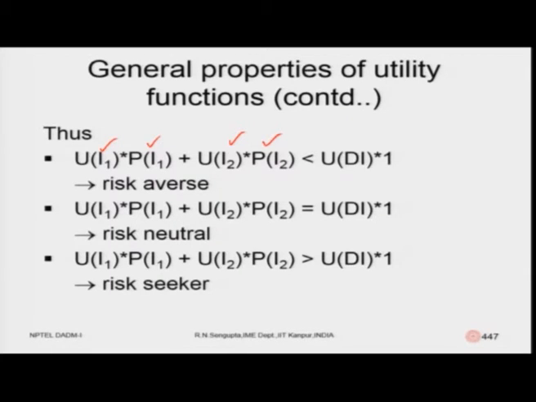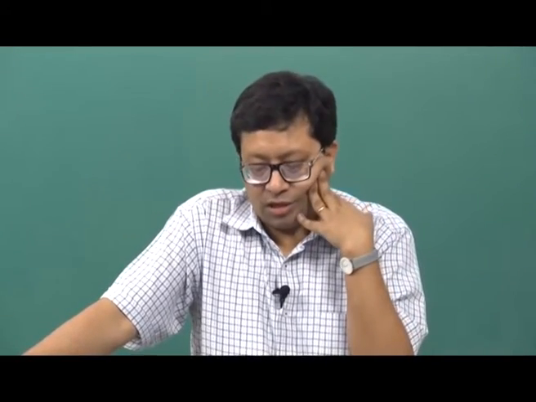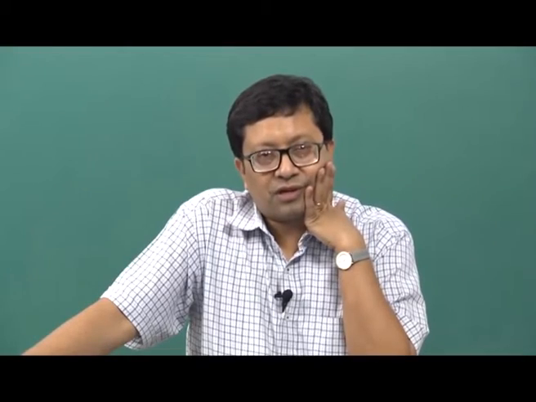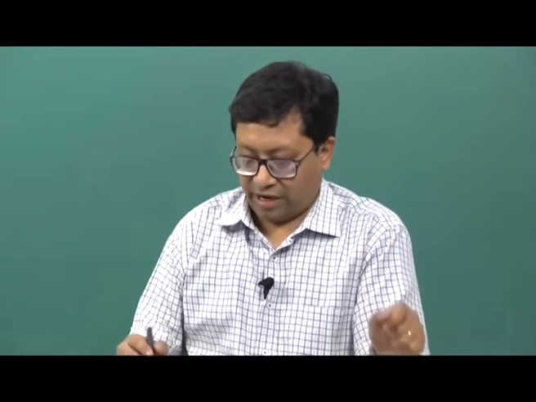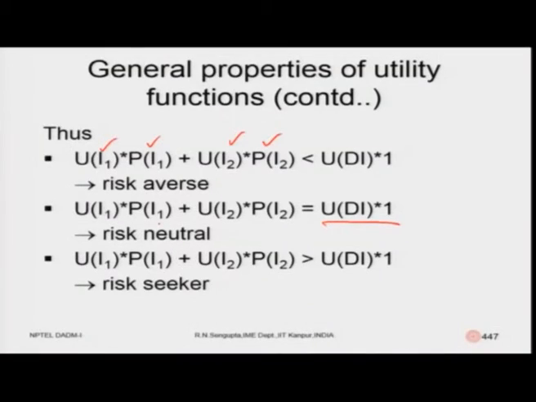In this case the person is indifferent to both of these decisions, which would mean that the expected value of the arm which is giving me the deterministic event, on the right hand side, that will be u of the DI, which is the deterministic investment, into 1, would be equal to the expected value of the non-deterministic event, which will be u1 into p1 plus u2 into p2, and that value should exactly match the sure event. If that is the perception, the person is risk neutral.